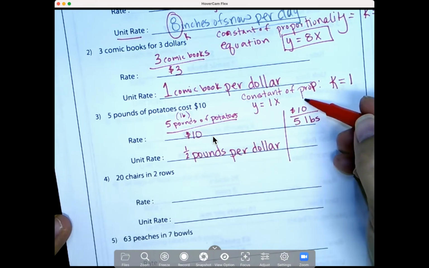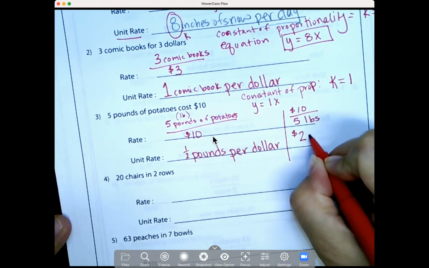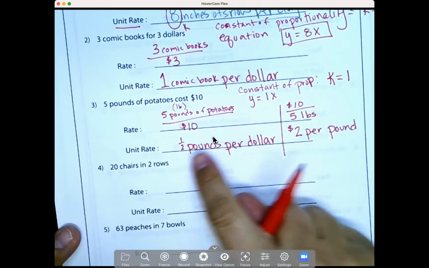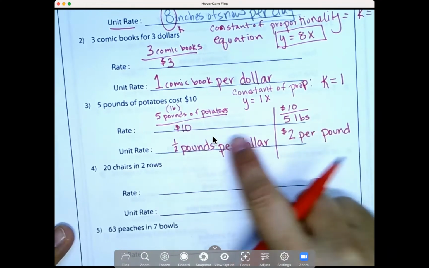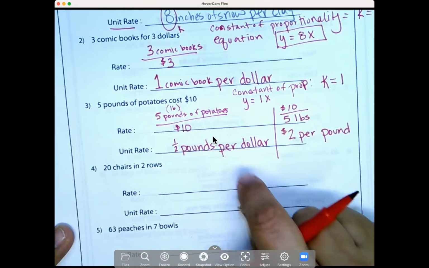Then 10 divided by 5, and my cost would be $2 per pound. Okay. These are both correct.